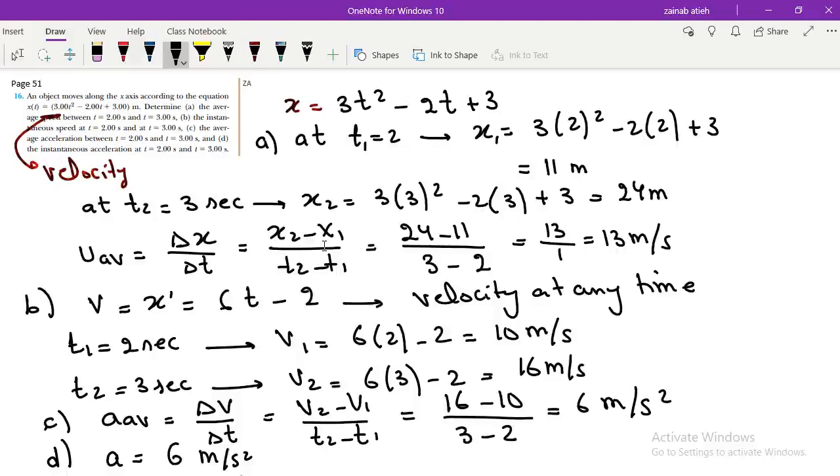So in this case a instantaneous is equal to 6 meter per second squared, and this is the acceleration at any time, including the two times t equals 2 and t equals 3, since it came out constant, time independent.